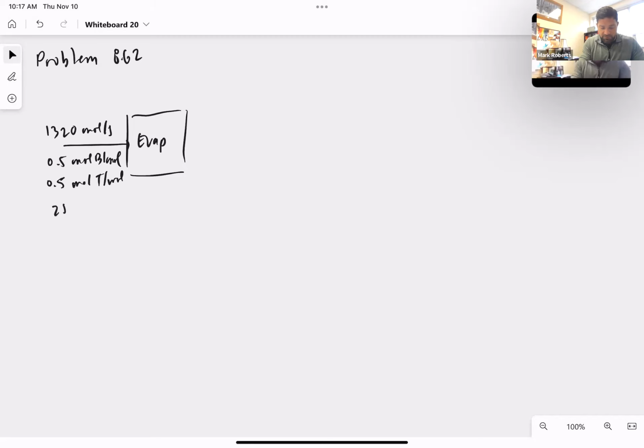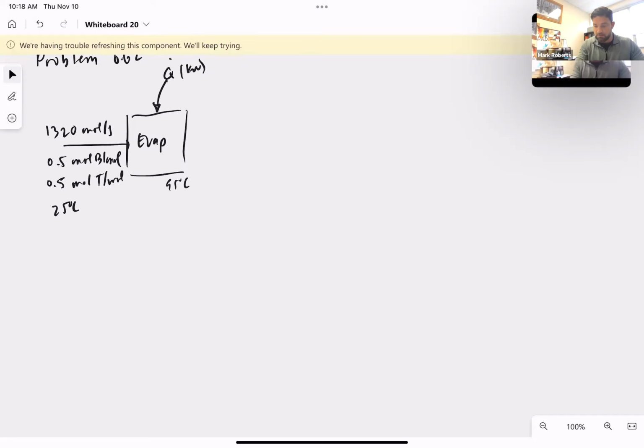And it enters at 25 degrees C. The evaporator is operating at 95 degrees C because that's the temperature at which both streams exit. So we're asked to calculate the heating rate in kilowatts.